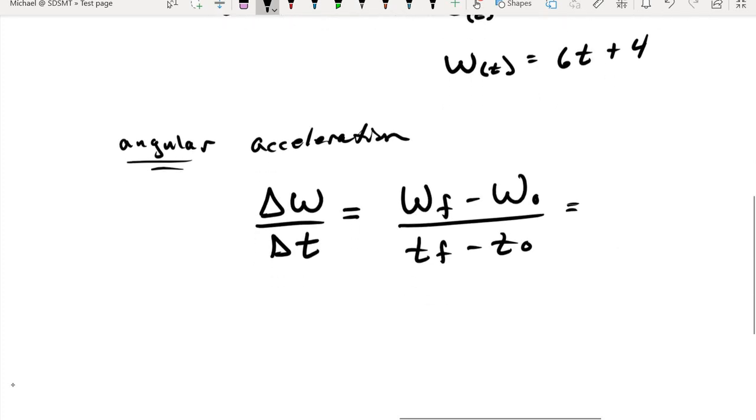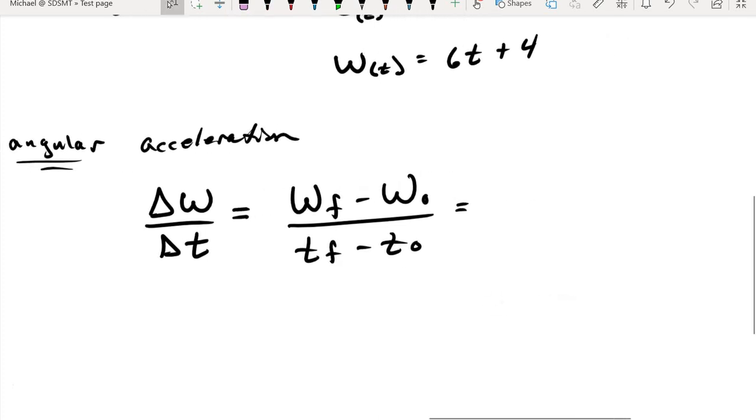But again, if delta t is too big, the best that we're going to be able to get is an average angular acceleration, unless we can bring this time interval down to something more instantaneous.